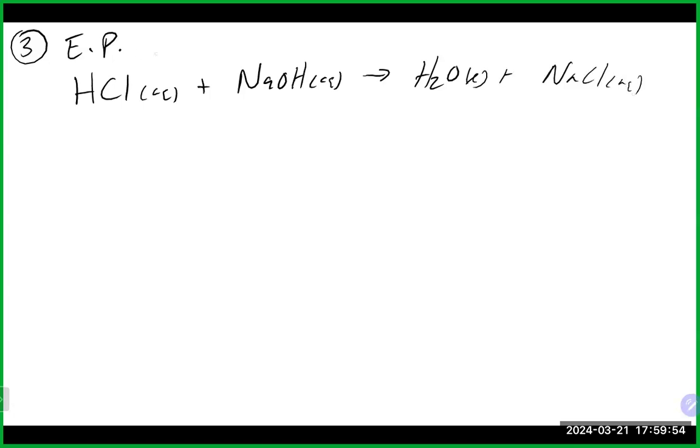And once again, we are starting with this guy, and we're adding this guy here. So again, we are going to do an ice table here. And once again, it does need to be done in moles because we are adding.